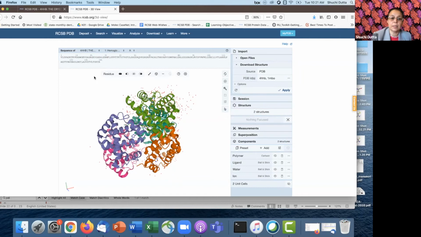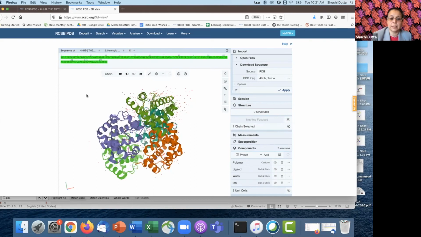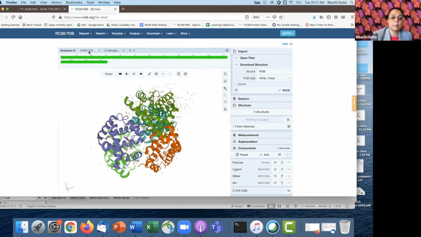So I'm going to select the chain. I'm going to select chain D. If I just click anywhere, it is selected. See, it's selected this whole chain. It's highlighted in green. And I'm going to now select the myoglobin. There is only one chain in myoglobin, so I can just click on this.